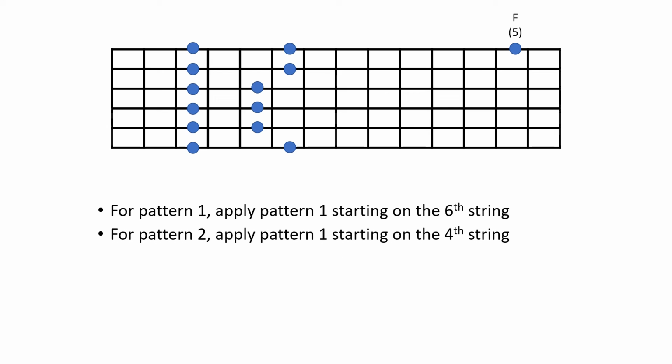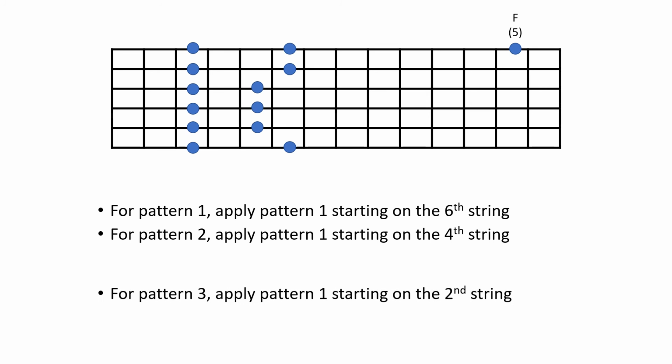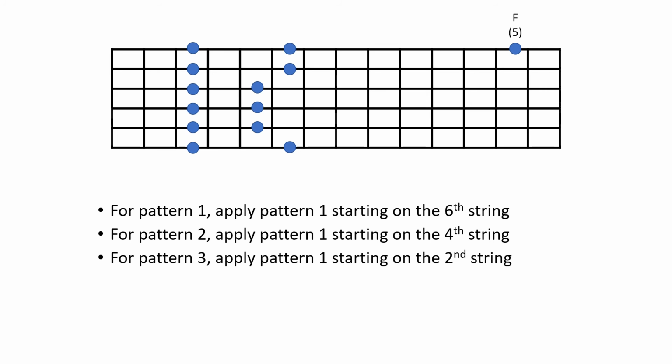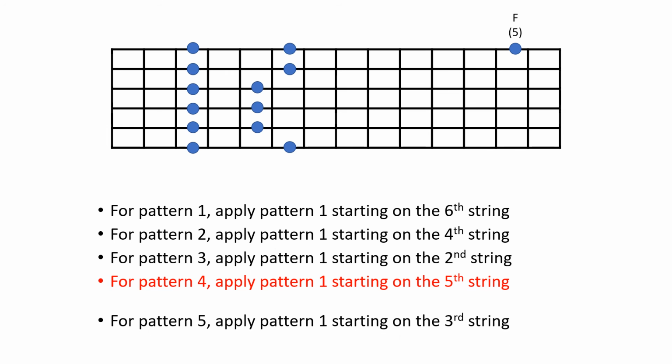For pattern 1, you apply pattern 1 starting on the 6th. For pattern 2, apply pattern 1 starting on the 4th. For pattern 3, start pattern 1 on the 2nd. And for pattern 4, which is the pattern we decided we needed, we simply apply pattern 1 starting on the 5th string.